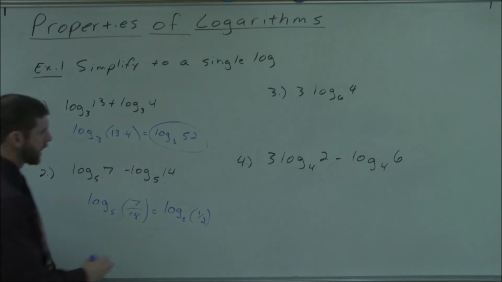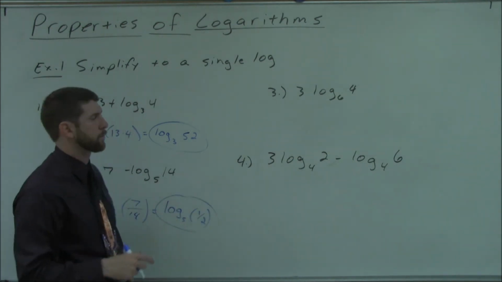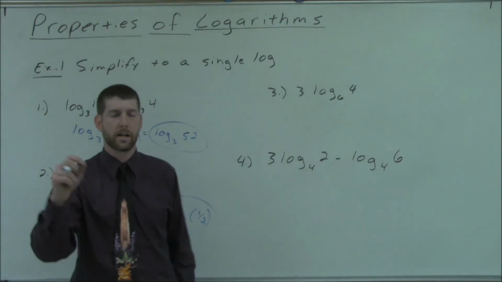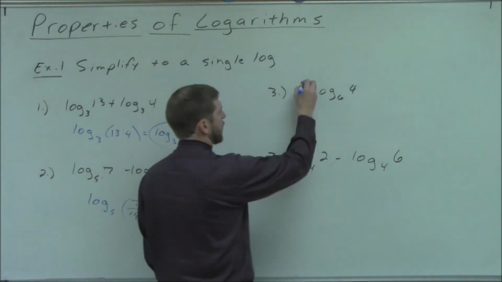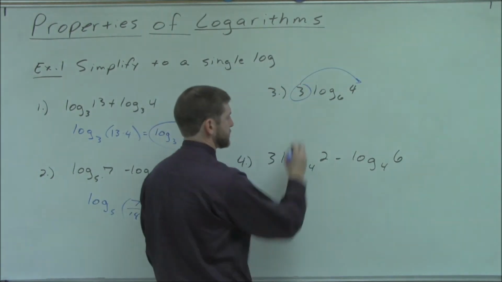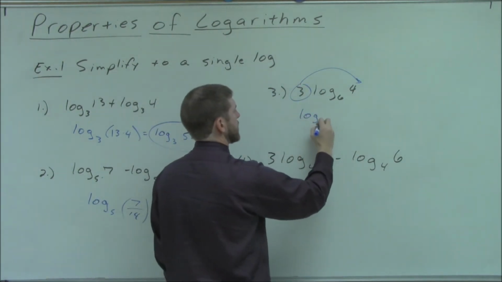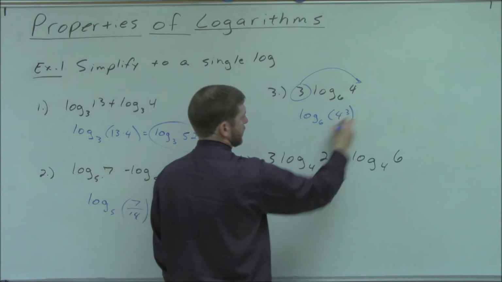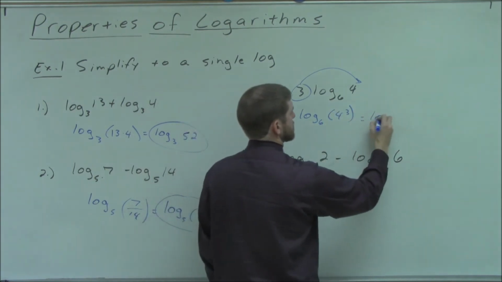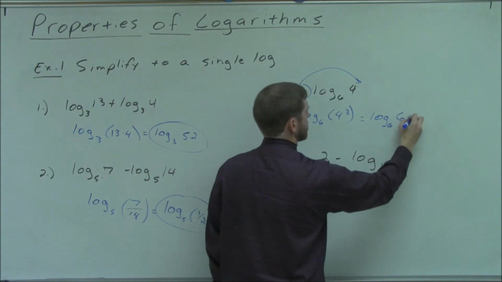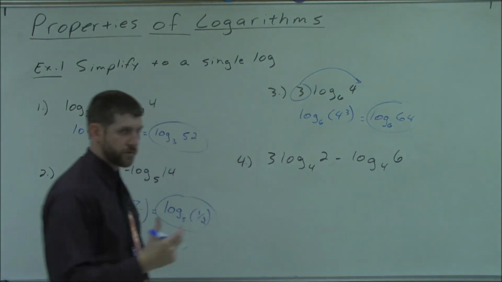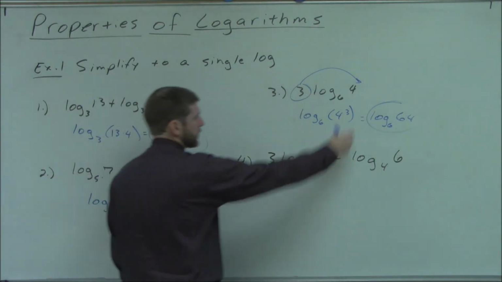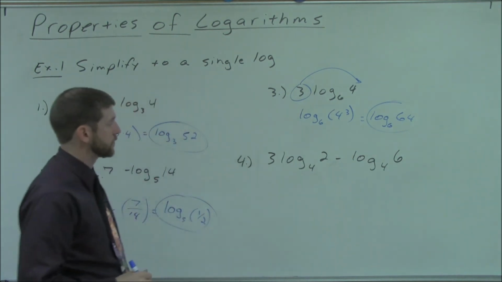Looking at the third one, we have a number times a log, so we recognize that as our power property, so that is the exponent, so it's log base 6 of 4 to the third power, which is just log base 6 of 64. Okay, so we've condensed that to a single log with a coefficient of 1.